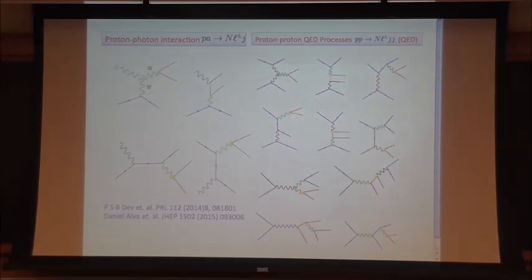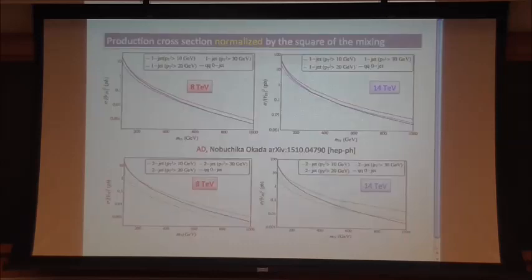So we have considered all these processes to improve the upper bound on the mixing angle, and we produced our heavy neutrino with the associated lepton.